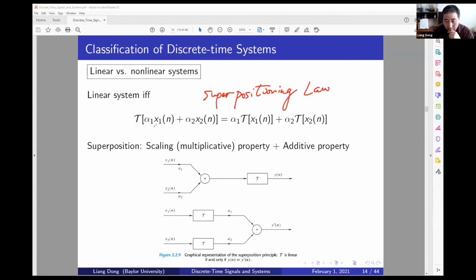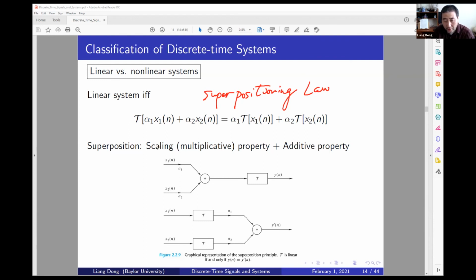If I combine these two signals, adding them together as a weighted combination, weighted by alpha 1, a constant, and alpha 2 multiplied by x2, then you go through the system. It should be as if you take each signal, go through your system, and then weight it, and then combine it. So you can take this operation into this bracket and work on each individual signal, x1 and x2.